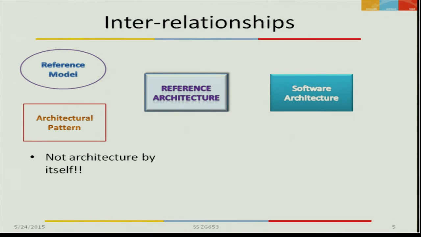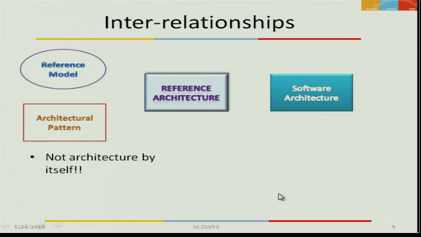It doesn't talk about that. It just shows what functional elements are required. Therefore, it can be a good reference architecture for the mobile operating system platform. You could also have a reference architecture for, let us say, a mobile commerce platform, but they are not architecture by itself.